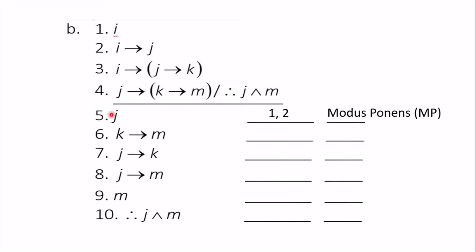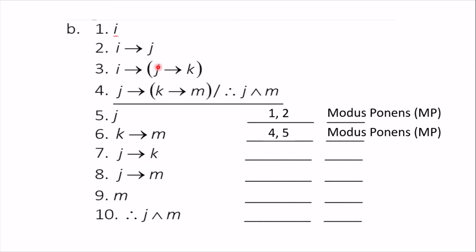Of course, number 5. Okay? So, since parehas sila, then we can get K implies M. So, yung number 6. So, using 4 and 5, we have modus ponens.